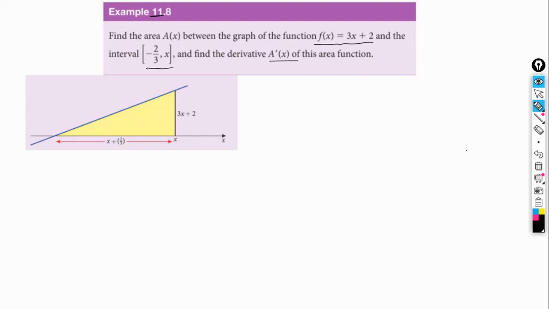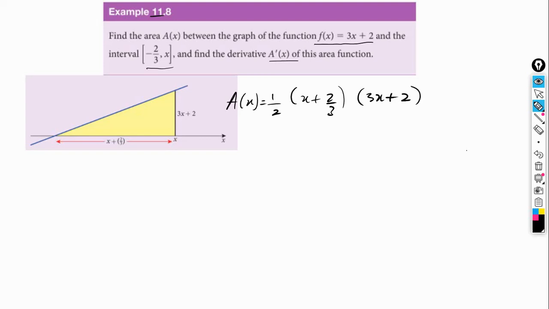So the base is going to be x plus 2/3, so the area is 1/2 times x plus 2/3, times the height. The height is in terms of x: regardless of what x is, the height is going to be 3x plus 2.